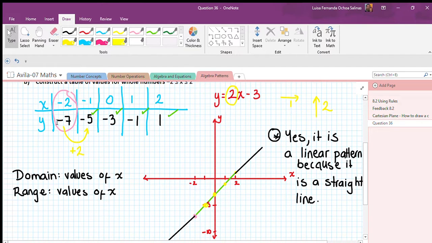The values of y will be between -7 and 1. These are the values that are going to be our range. So how do we write that down? We say y is going to be between -7 and 1. And that's that answer.